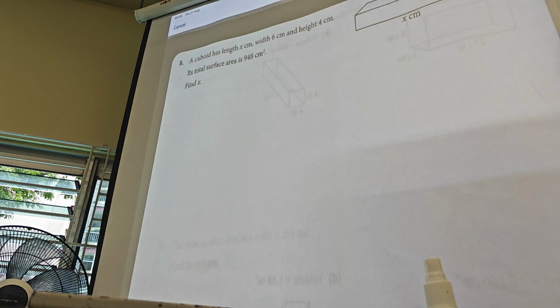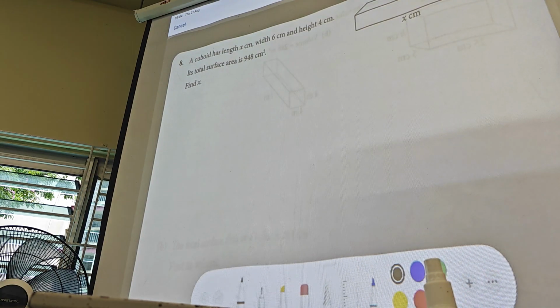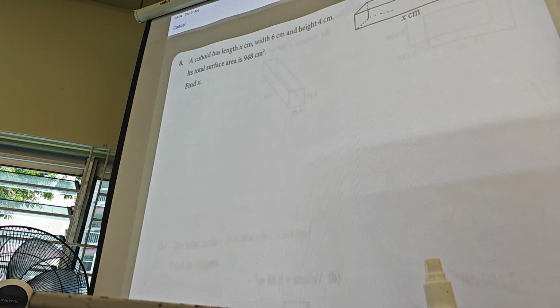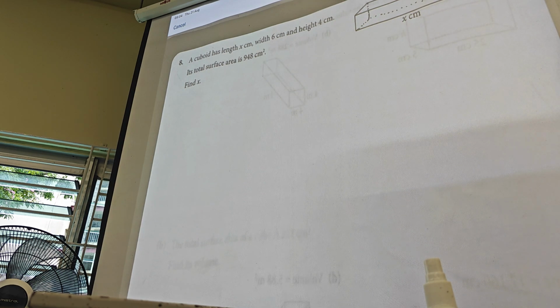I will have a bottom. The bottom is formed by x and 6. Okay? So again, if I don't know how to visualize, I can go and add these lines myself. So there is a bottom rectangle.